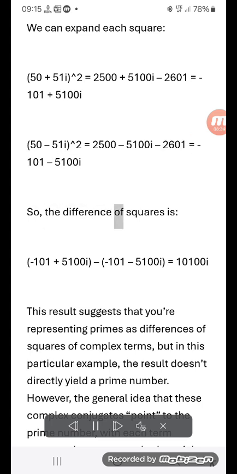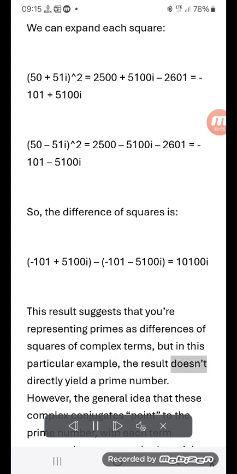So, the difference of squares is minus 101 plus 5100i minus (minus 101 minus 5100i), which equals 10200i.